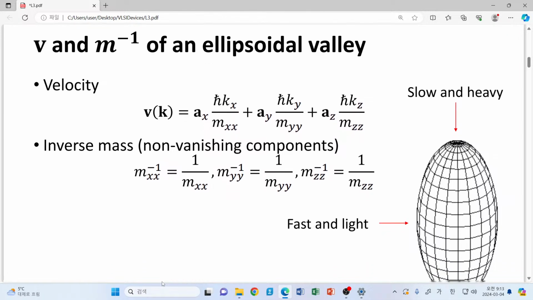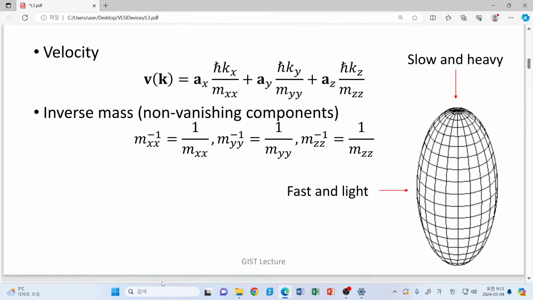So on an ellipsoid valley, you can find an isosurface, the iso energy surface. It means that over this surface, this ellipsoid, everywhere you have the same energy.